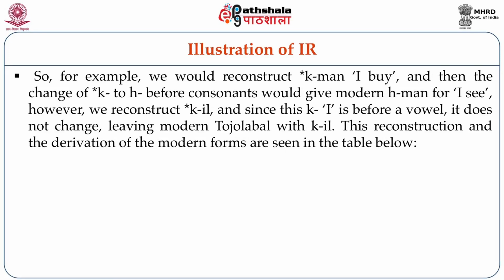So, for example, we would reconstruct ka-man, I by, and then the change of ka to ha before consonants would give modern haman for I see. However, we reconstruct ka-il, and since this ka, that means I, is before a vowel, it does not change, leaving modern Tojolabal with kil. This reconstruction and the derivation of the modern forms are seen in the following table.